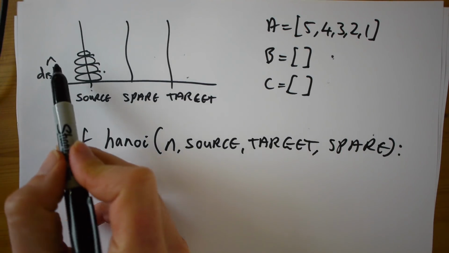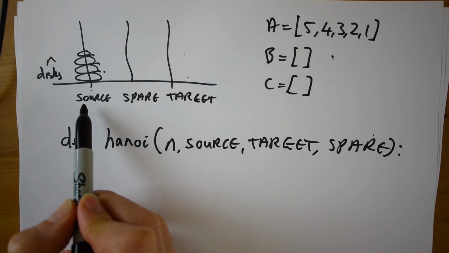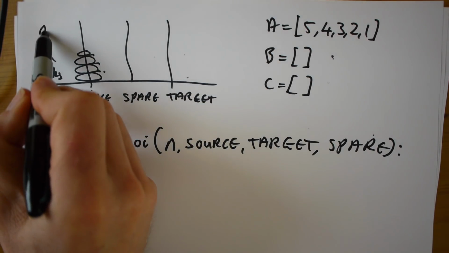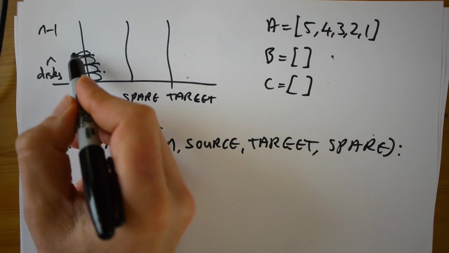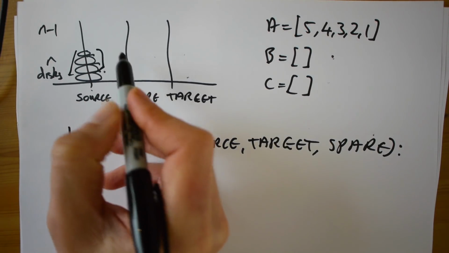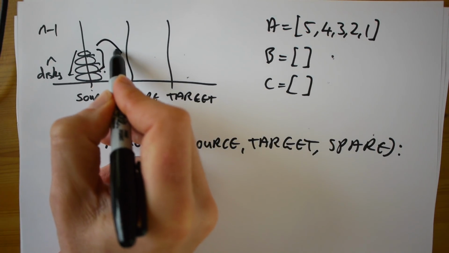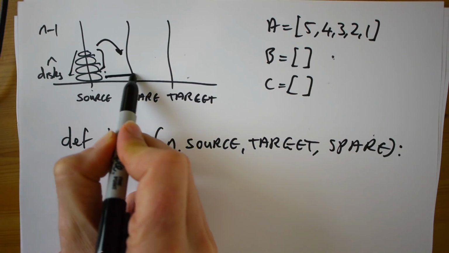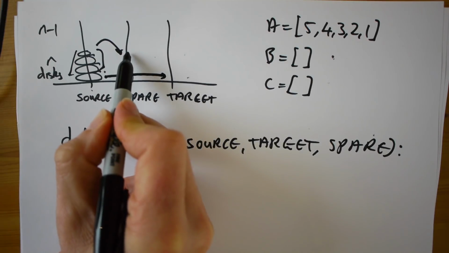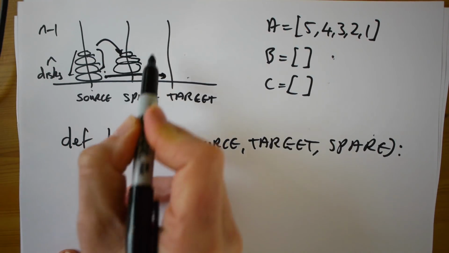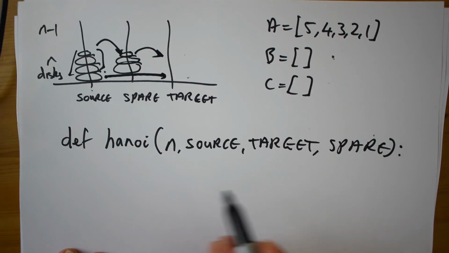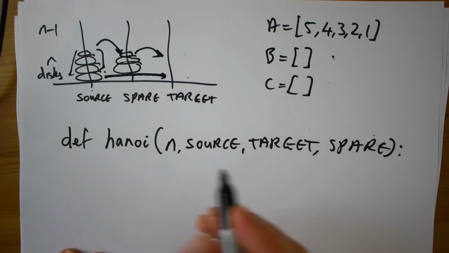And what we're going to be doing is moving these n disks from the source to the target. Now how do we do that? We take n-1 disks, that's the ones apart from the bottom one, and we move these to the spare so that we can then move the nth disk to the target, and then we have these n-1 disks here, and we're going to move those across to the target. So we've already started writing this function.